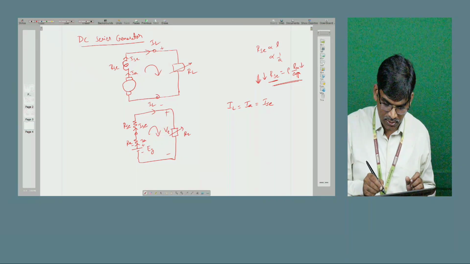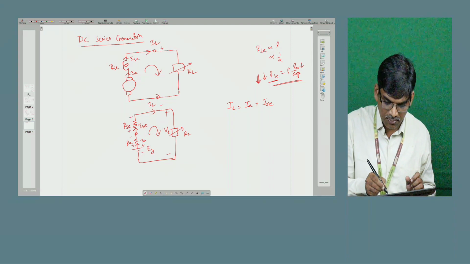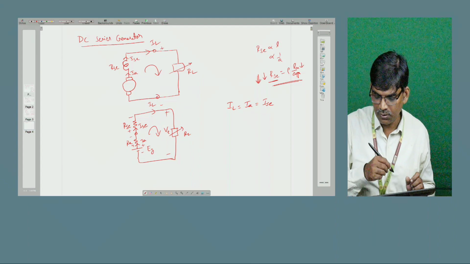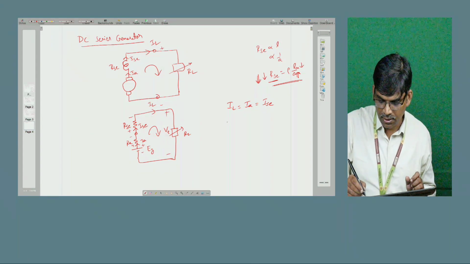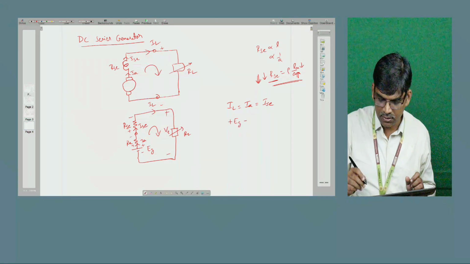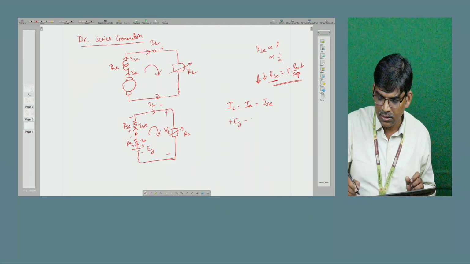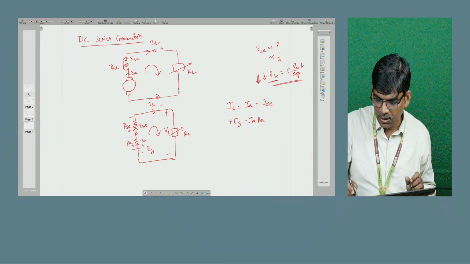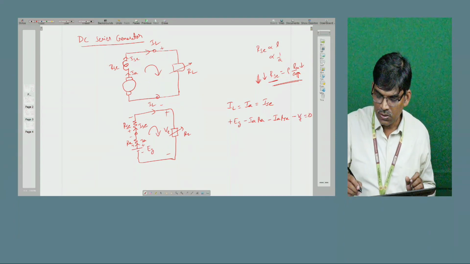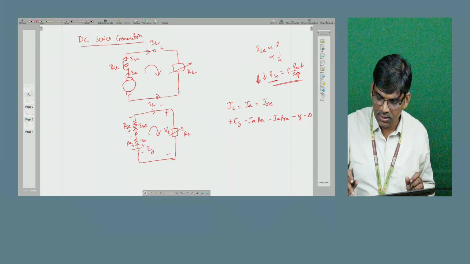Where the current enters is taken as plus, and minus at the other end. Going from minus to plus I take it as plus, and from plus to minus as minus: EG minus IA RA minus IA RSC minus VT equals 0. Here ISC is equal to IA, that's why I am writing it like this.